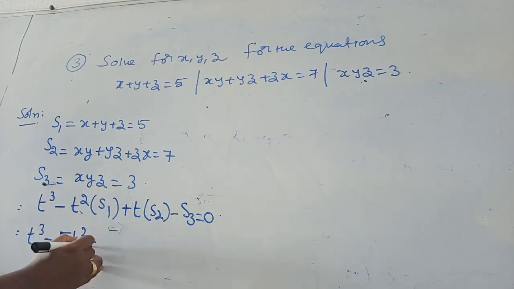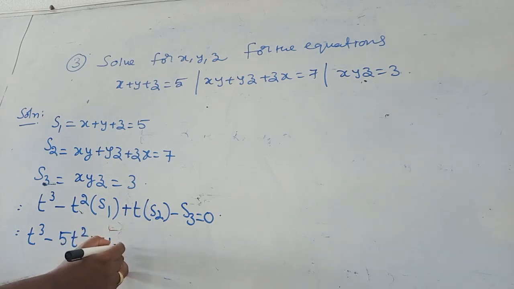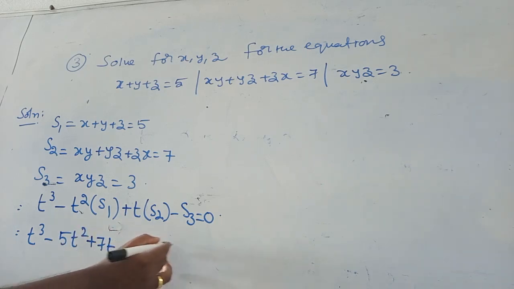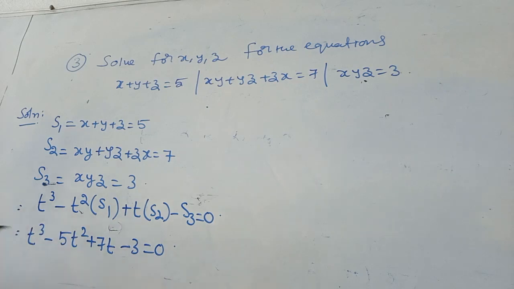t cube minus 5t square plus 7t minus 3 is equal to 0. This is the equation we have got, my dear students. Now, by trial method, we can get the roots once we observe this. How to get the roots of this equation?